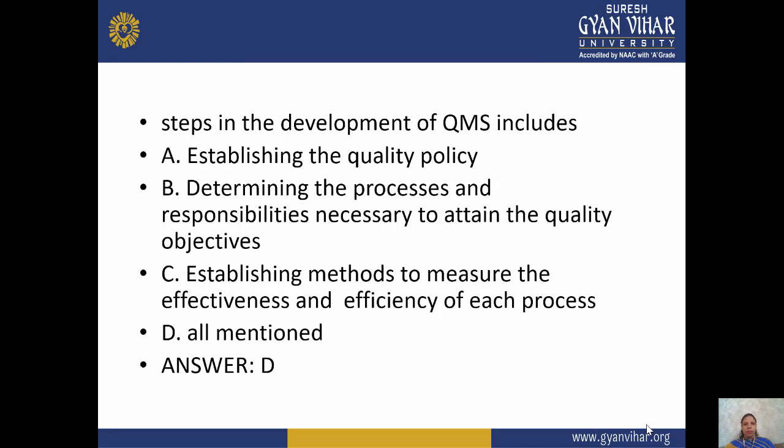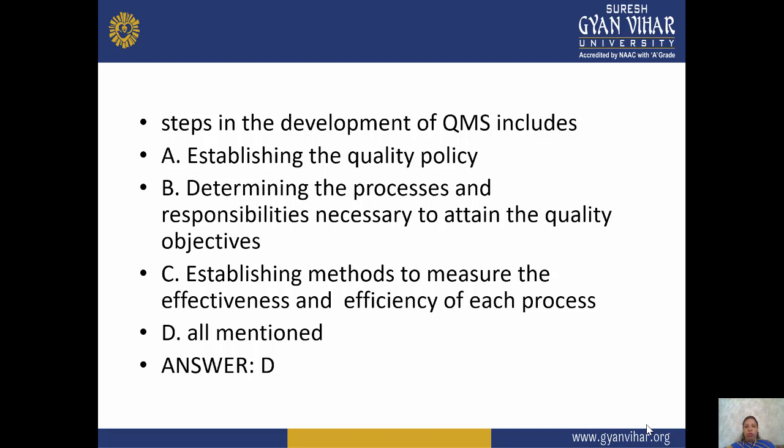Second: steps in the development of QMS include establishing the quality policy, determining the processes and responsibilities necessary to attain the quality objectives, establishing methods of measurement, and measuring the effectiveness and efficiency of each process.